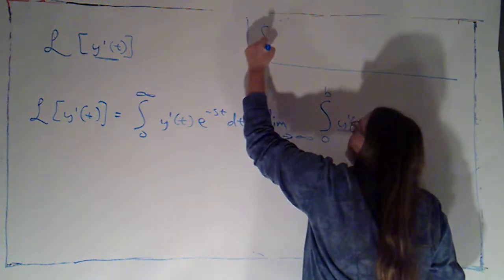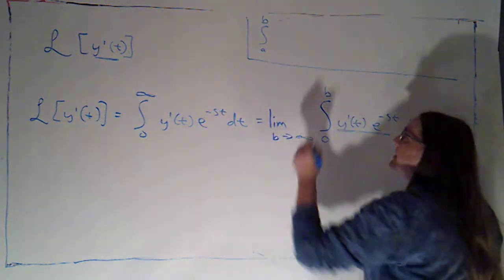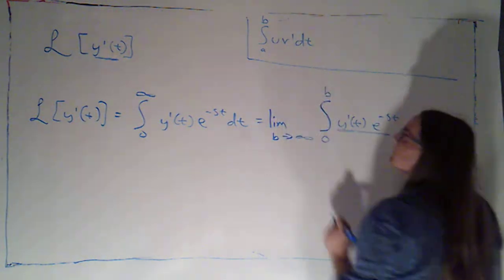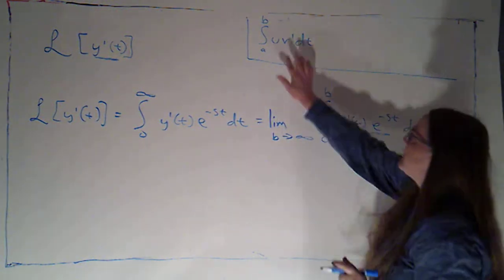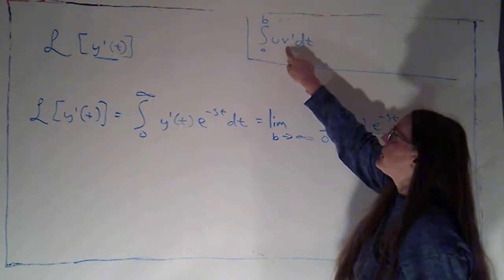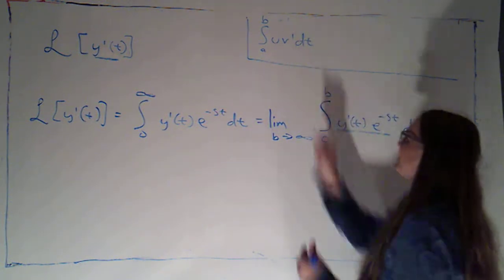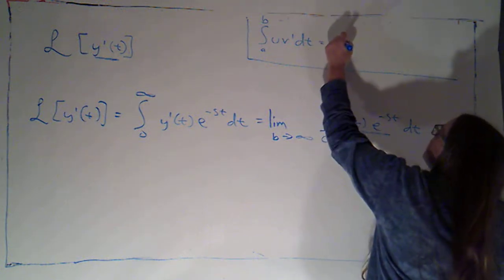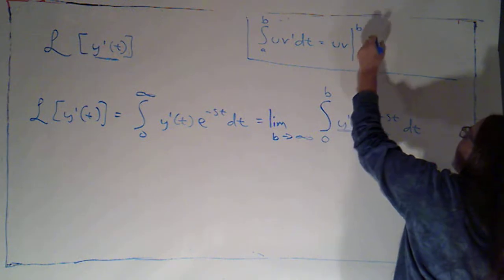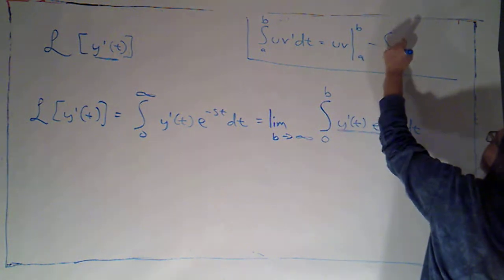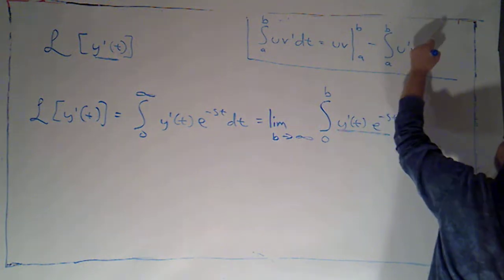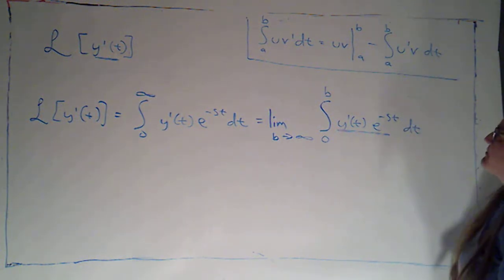If you're doing a definite integral from a to b of u times v prime with respect to t. So I'm integrating a product and I'm viewing one factor as a function and the other factor as the derivative of some function. What I get is u times v evaluated between b and a minus the integral of u prime times v, also from a to b, dt.